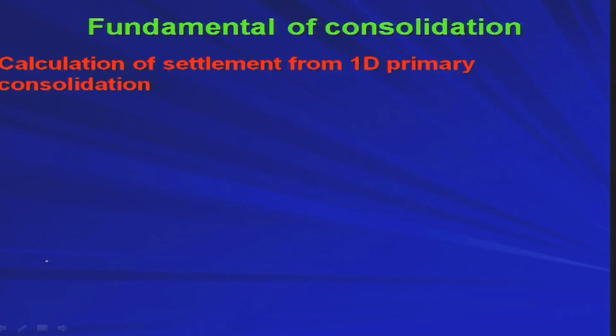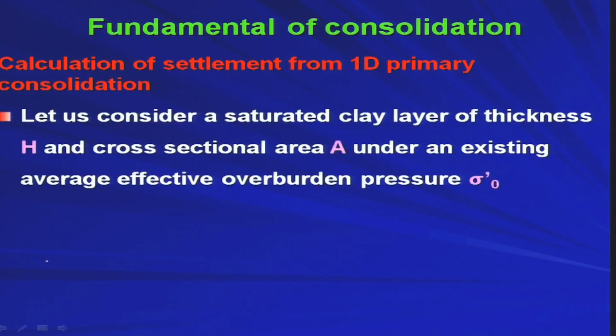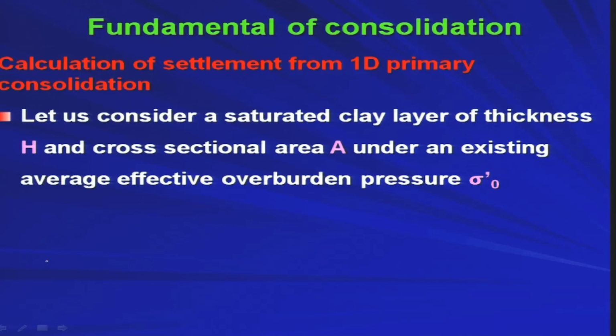Today we will be obtaining the calculation of settlement from 1D primary consolidation. Let us consider a saturated clay layer of thickness capital H and cross sectional area capital A under an existing average effective overburden pressure sigma naught prime. So, we are considering one clay deposit which is completely saturated, whose thickness is H and cross sectional area is A, under existing average effective overburden pressure sigma naught prime.